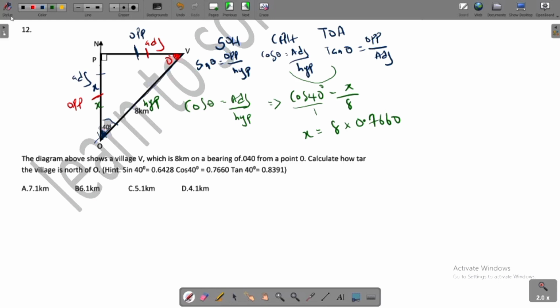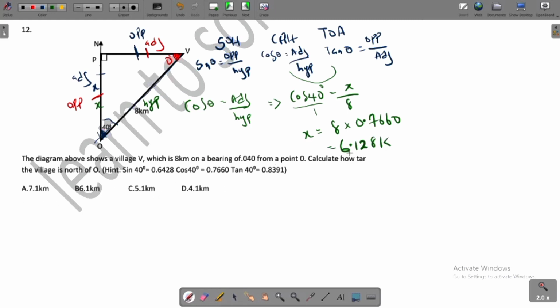Pressing your calculator, you have 8 times 0.7660. You have 6.128. So you have 6.128 kilometer.